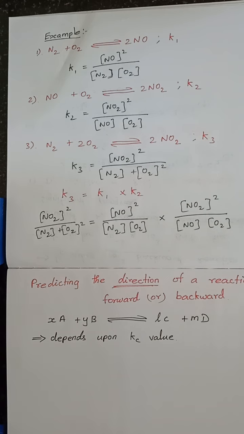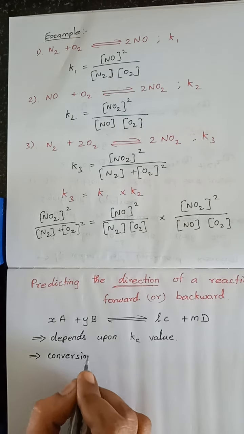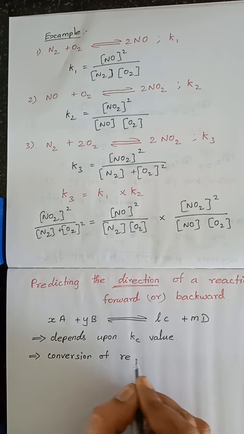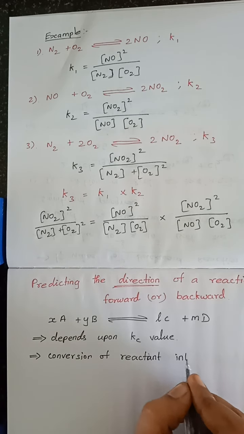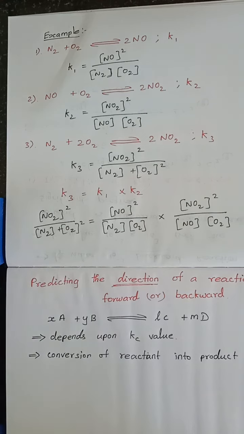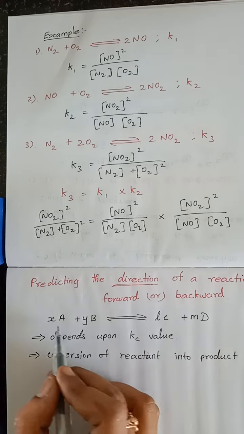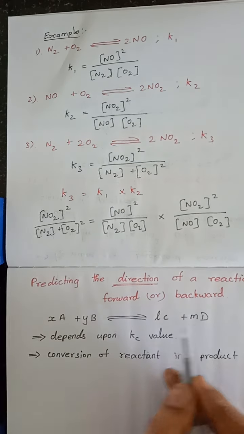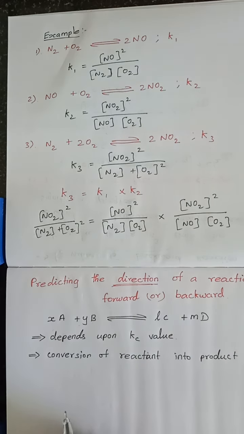The Kc value is the conversion of reactant into product. All of you write in your classwork note: the conversion of reactant, this is the reactant, this is product.